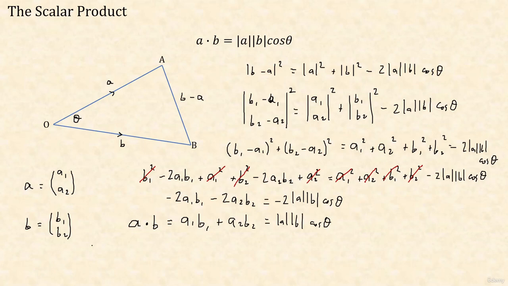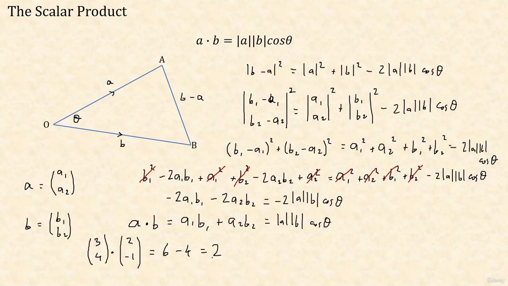To give you an example, if I take two-dimensional vectors, 3, 4, and dot it with 2, minus 1, the answer is 3 times 2 is 6, 4 times negative 1 is negative 4, and the answer is 2. So the dot product, or the scalar product, of these two vectors is 2.